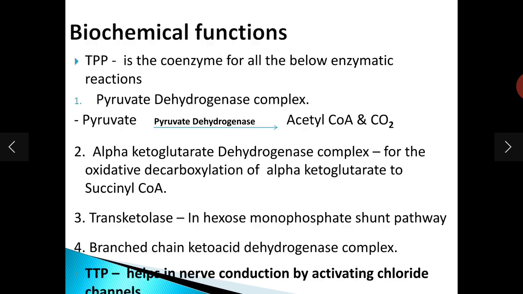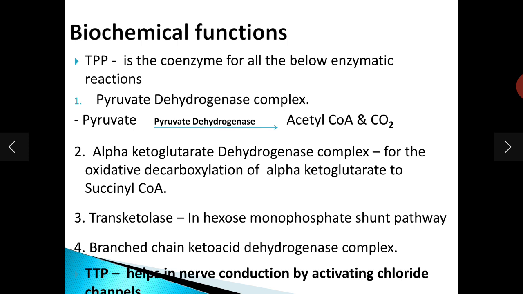The biochemical functions of vitamin B1 or thiamine: TPP is the coenzyme form or active form of your vitamin B1, and it is the coenzyme for all the below enzymatic reactions. The first one is the pyruvate dehydrogenase complex, where pyruvate is converted to acetyl CoA and carbon dioxide.